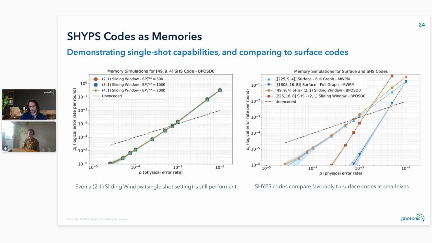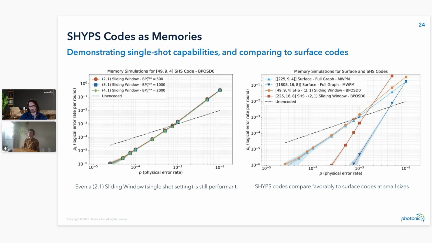And so we see, for example, for the distance for surface code versus the distance for simplex code, that the logical error rate performance of the code is essentially the same at a much reduced qubit count.